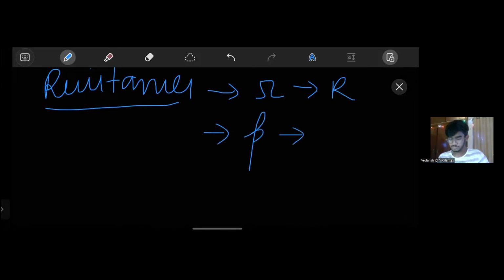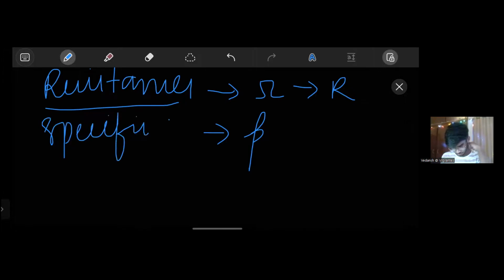You can just call it rho. That is specific resistance, or rho. That can be denoted in ohm-meters. I'm sorry. Ohm-meters, or rho.